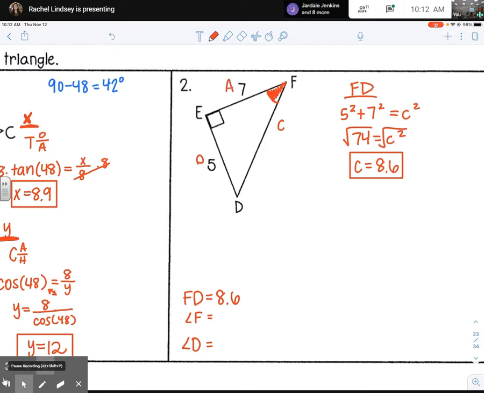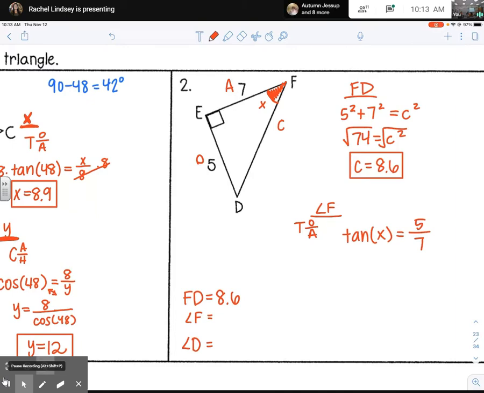So I have opposite and adjacent. So to find angle F, I'm going to use tangent. I'm going to call angle F X. So I'll have tangent of X, because we don't know the angle yet, equals opposite 5 over adjacent 7.